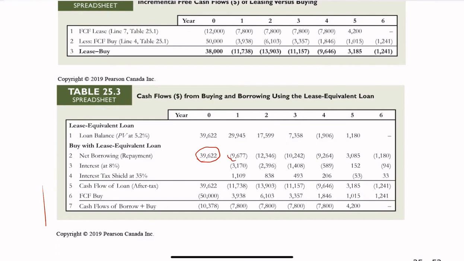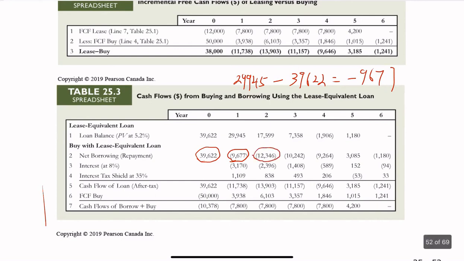And then on day 1, net borrowing equals 29965 minus date 0's loan balance. So this gives us the net borrowing on date 1. Of course, you can get other numbers similarly. For this one, it's essentially 17599 minus 29945.